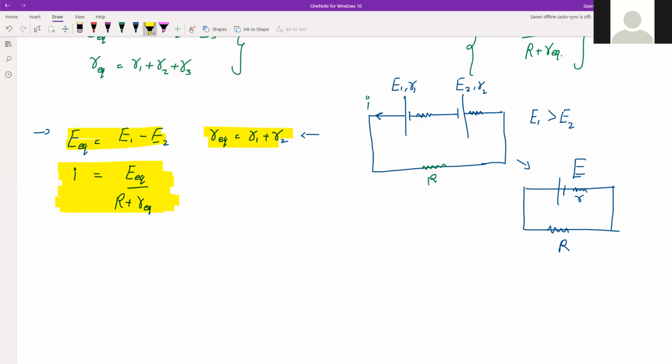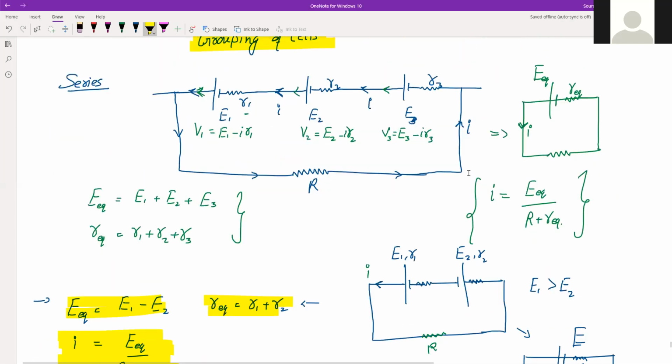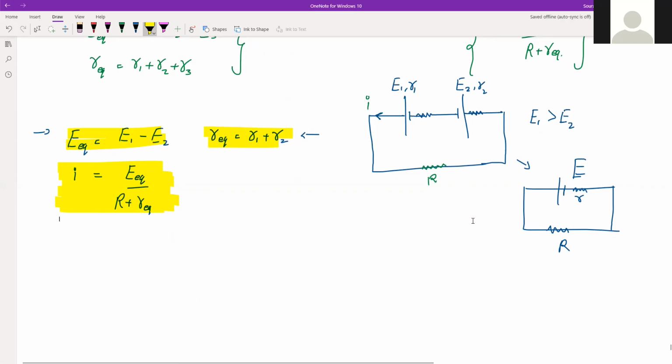Now there is one thing here about the potential. If we see it in one cell, the one with the higher potential is causing the current to flow.